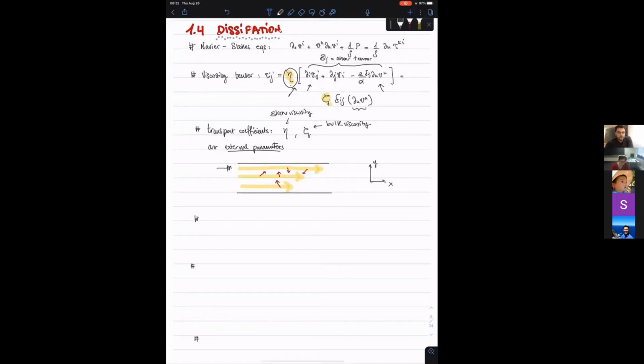And this will be the expansion. So this coefficient here, the bulk viscosity, will capture how dissipation happens along the direction of the flow. Okay. So dissipation can be introduced in this way via some transport.